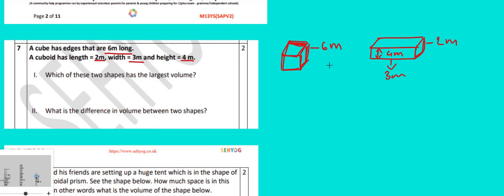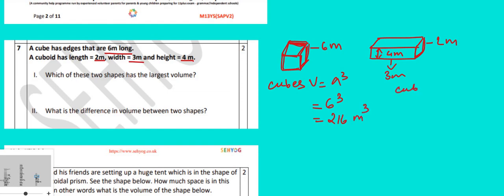First we'll find the cube's volume. The formula for finding it is a cube, where a is the number of edges or sides. So this is 6 to the power 3, which means 6 into 6 into 6, 6 multiplied 3 times, which gives us the answer as 216 meter cube.